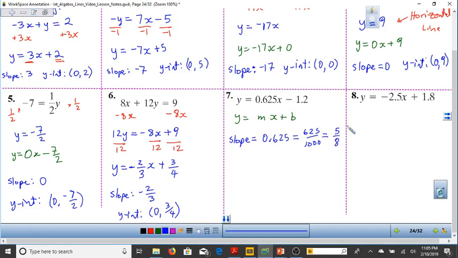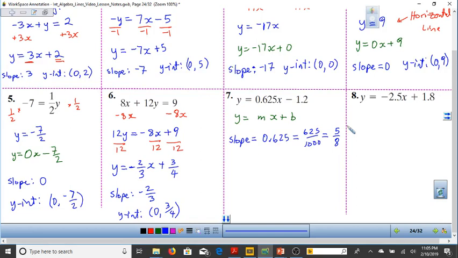You can simply simplify by dividing the numerator and denominator by 125. Or if you have one of those fancy calculators, you just simplify that fraction on your calculator. I would recommend that you do that by hand and then get some practice with it.